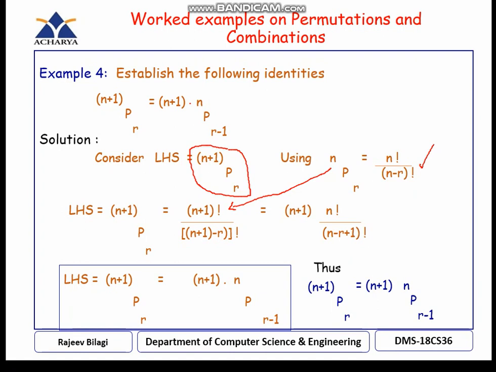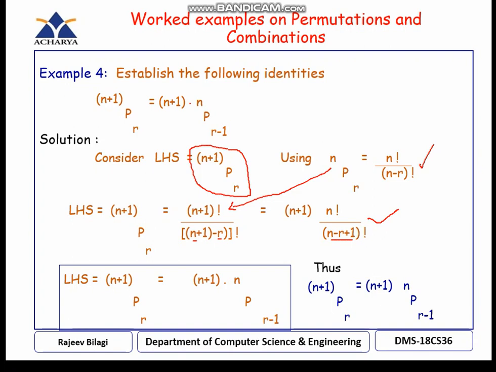Now this is equal to (n + 1) into n factorial, I can write, divided by (n - r + 1) factorial. I can write it as so.